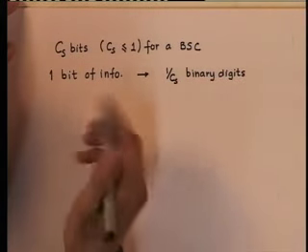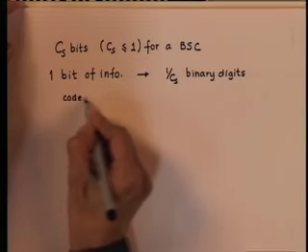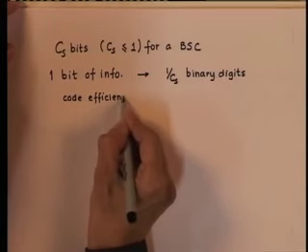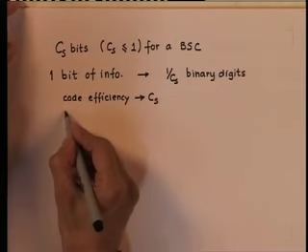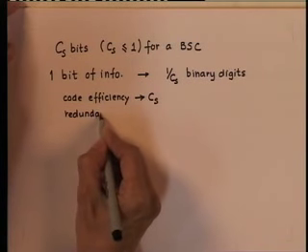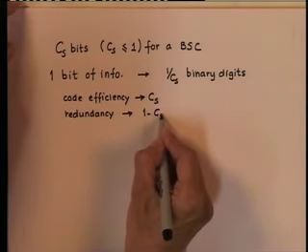This scheme gives us a code efficiency that is Cs and redundancy as 1 minus Cs.